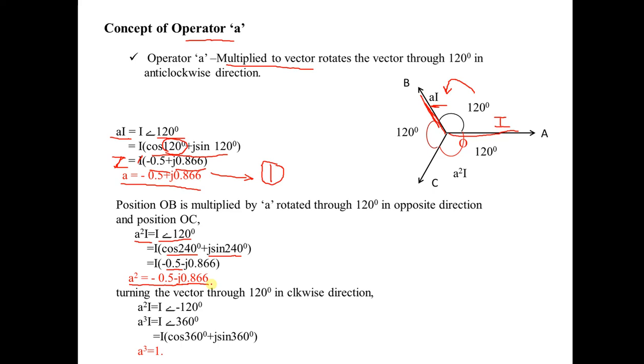So A square I will be equal to I into the angle of minus 120 degrees, in the opposite direction. Next we multiply again, and A cube I will be 360 degrees, so we will obtain the value 1.